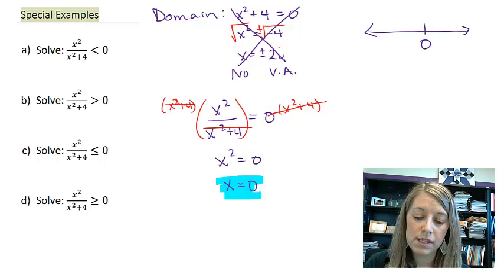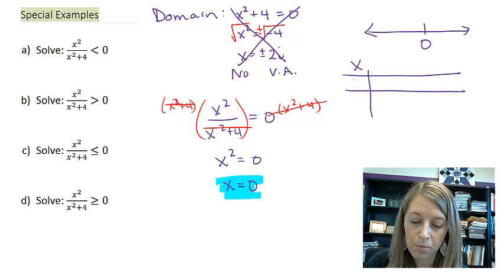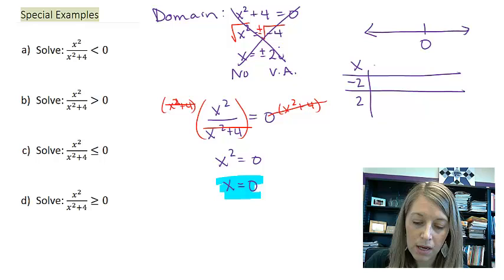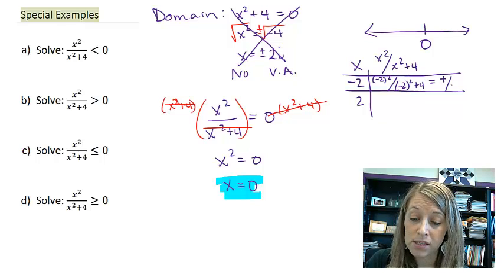Okay, so let's see what's happening on both the left and the right-hand side of this number line. So I'm going to pick my x values as something smaller than this and something greater than this. Well, for smaller than it, I'm just going to plug it into my original equation. Gives me -2 squared over -2 squared plus 4. Well, on the top, anything squared is positive. On the bottom, I have anything squared is positive plus a positive number, so that is going to be positive.